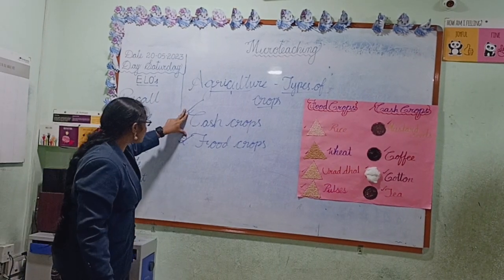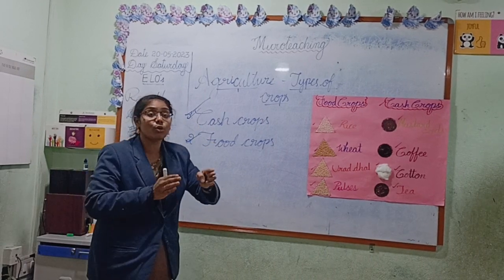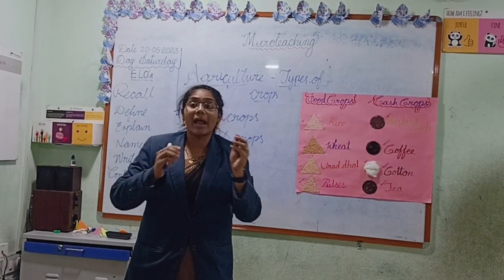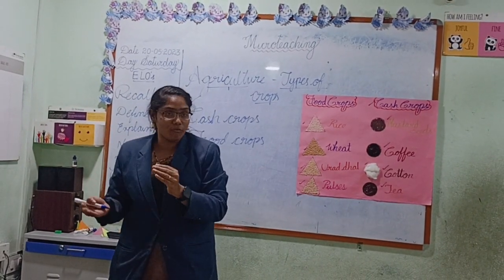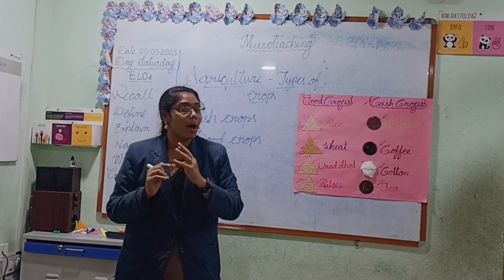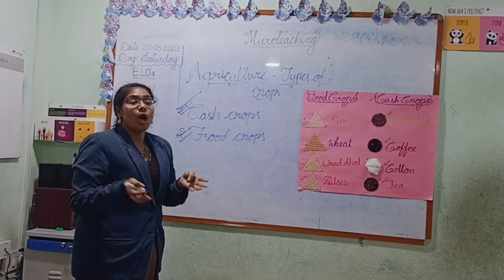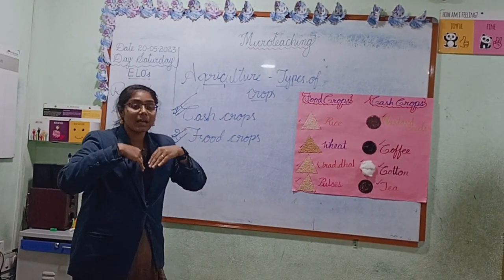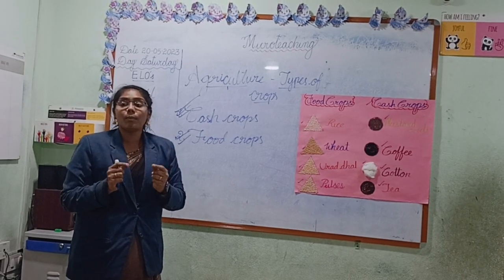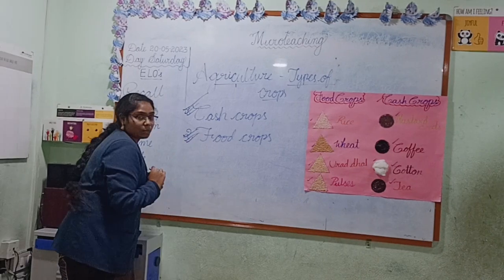Now see the differences between cash crops and food crops. Cash crops grow on a large scale and are sold for profit in both national and international markets. Food crops are grown for own consumption and are available only in local markets.